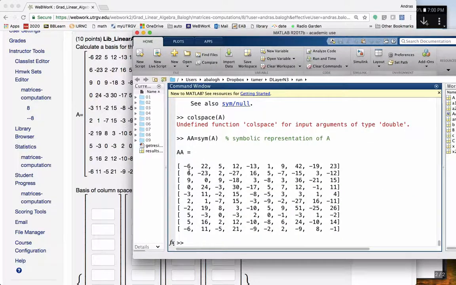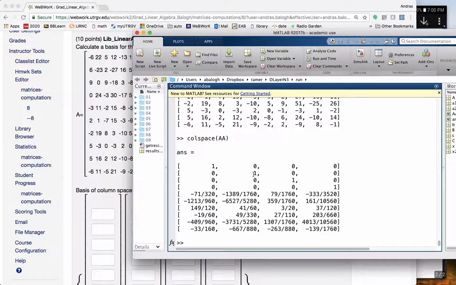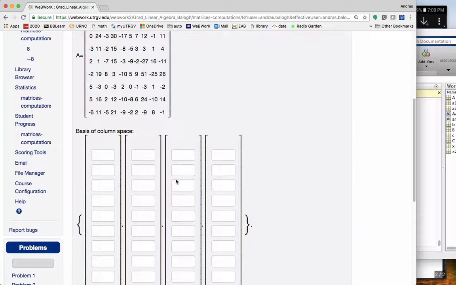The notation for the symbolic version of A is a little bit different because now it shows the brackets for each row. Notice the difference between them. Now if I do colspace of AA, that works and it gives you a matrix with 4 columns, and WebWork expects 4 columns because it turns out that the column space has dimension 4.